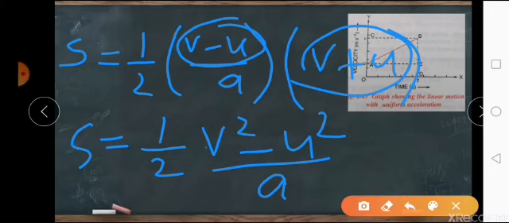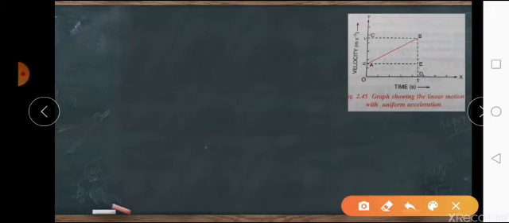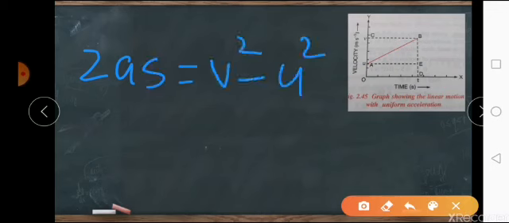Yes. Now just rearrange this equation. The denominator 2A you are going to take to the other side. You will get 2AS is equal to V square minus U square.